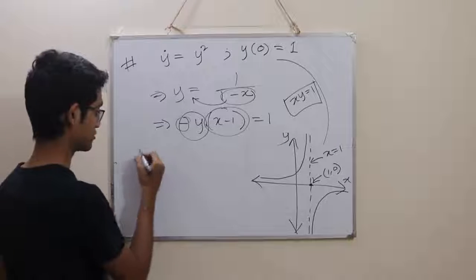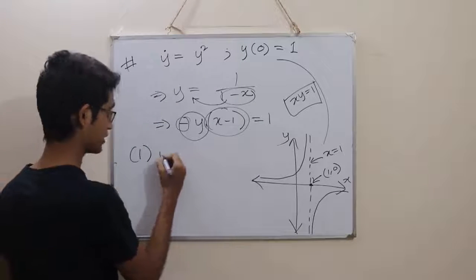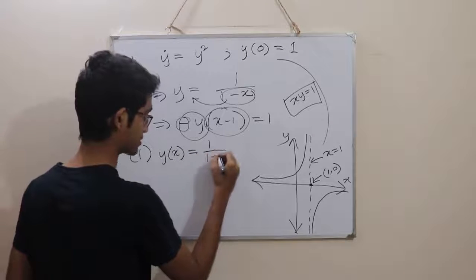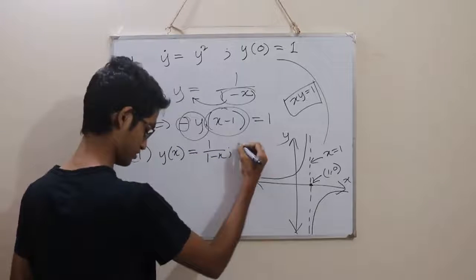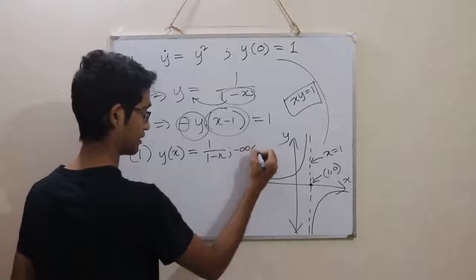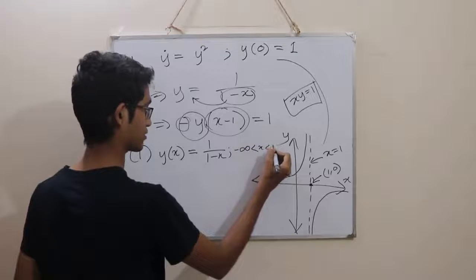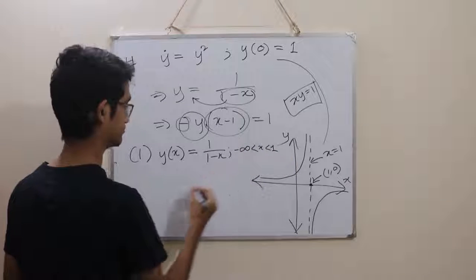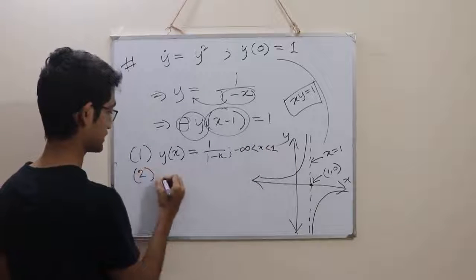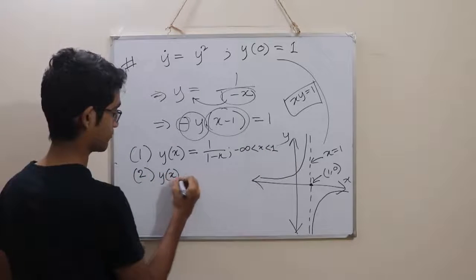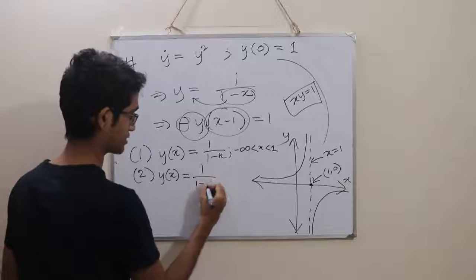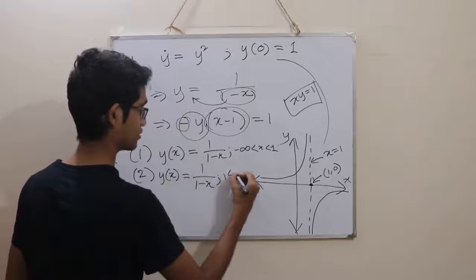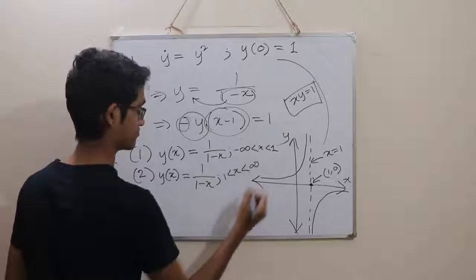So the first solution would look like y of x is equal to 1 over 1 minus x when x ranges from negative infinity to 1. It is not equal to 1, this is less than 1. And the second solution is y of x is equal to 1 over 1 minus x, and x ranges from 1 to infinity.